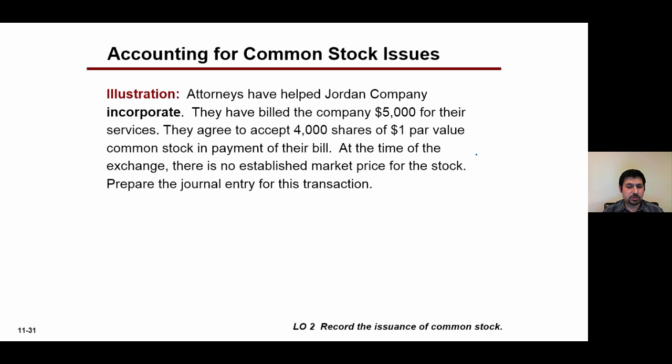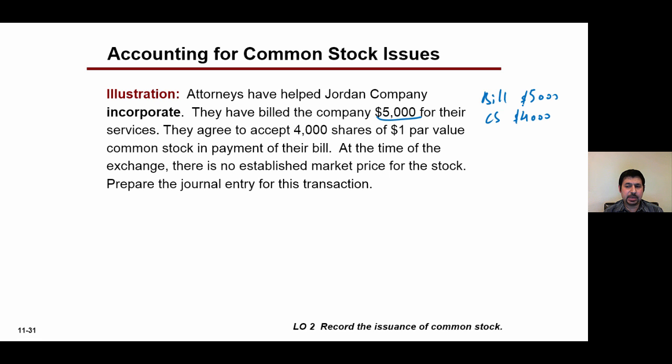Prepare the journal entry for this transaction. The first thing we need to know is which amount can be determined in an easy way. Here we have two amounts: we have a bill for 5,000, and we have common stock with a value of $4,000.